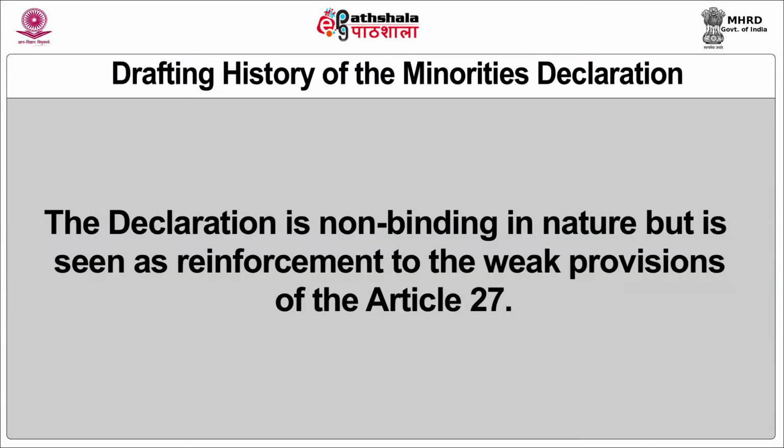The declaration is non-binding in nature but is seen as a reinforcement to the weak provisions of Article 27. The preamble considers that the promotion and protection of minority rights contribute to the political and social stability of the states in which they live, as opposed to the notion that minority communities are problematic for the state.